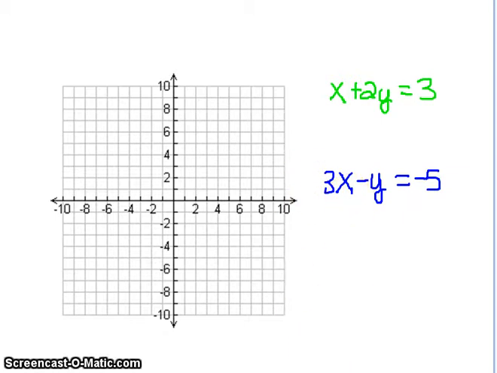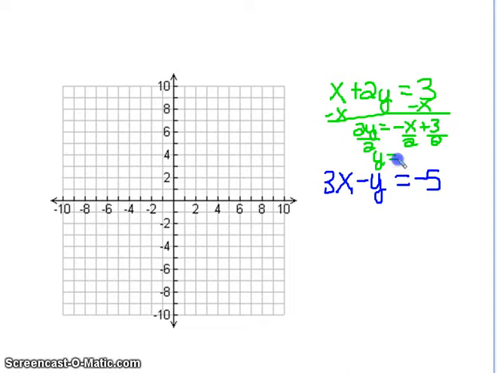In order to graph the first line, it has to be in slope-intercept form. So we subtract x from both sides. We get 2y equals negative x plus 3. We divide both sides by 2, or all terms by 2, and we get y equals negative x over 2 plus 3 halves.